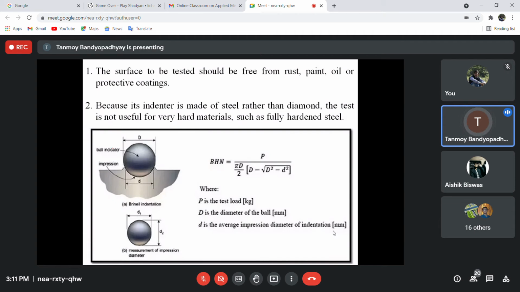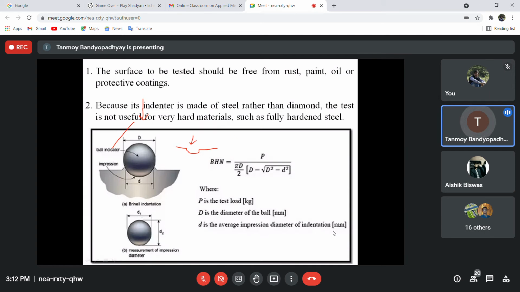Once I remove the ball indenter and look at it from the top, I get this impression depth. The thing that remains is something like this, the impression of the ball. If I see it from the top, I should be able to see this impression diameter.